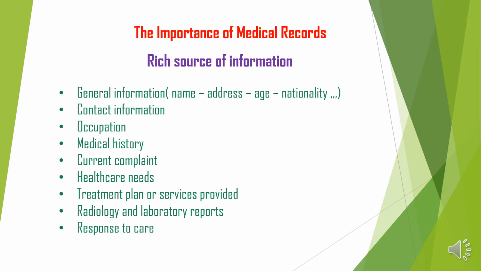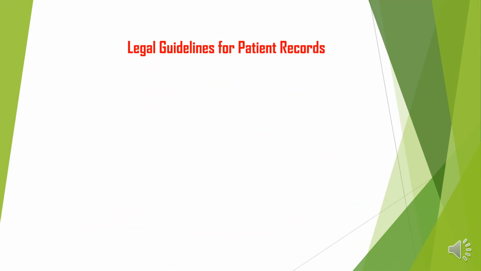It can tell us about occupation. It can tell us about the medical history of the patient, current complaints, healthcare needs, treatment plan or services provided to the patient, radiology and laboratory results, and response to the care: if the patient has improved or not, shifted or not, transferred or not, and so on. So all of this we can know from the medical record.